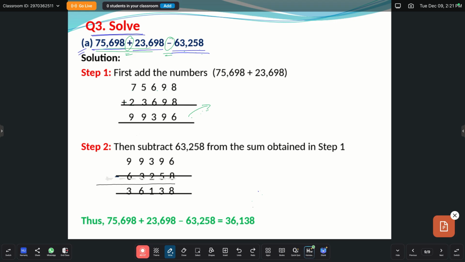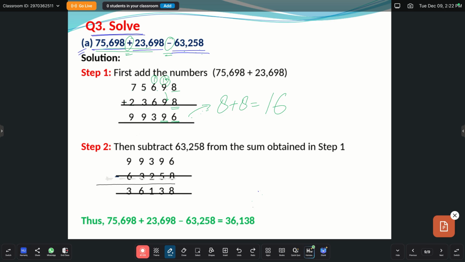What is 8 plus 8? It is 16. You will write 6 here and carry 1 to the next column. What is 9 plus 1? It is 10. And 10 plus 9 is 19. We will write 9 here and carry 1 to the next column.